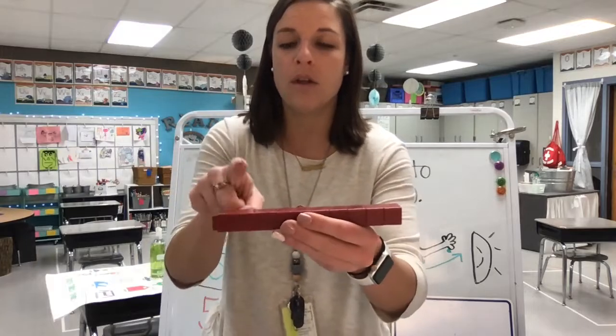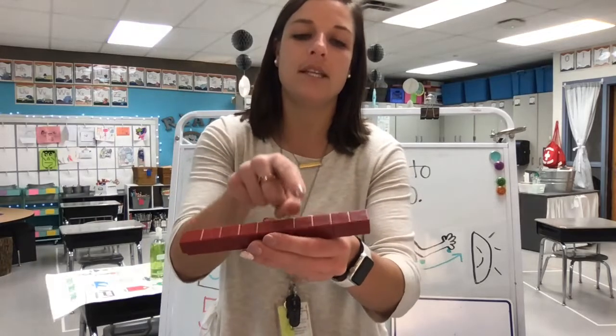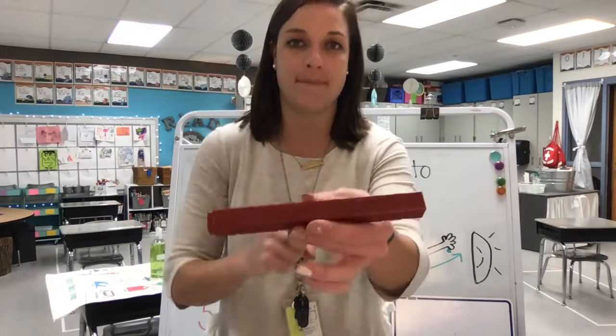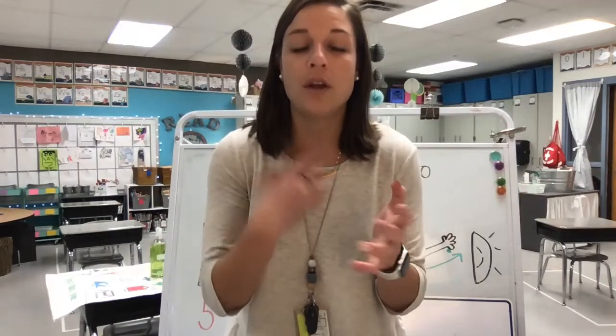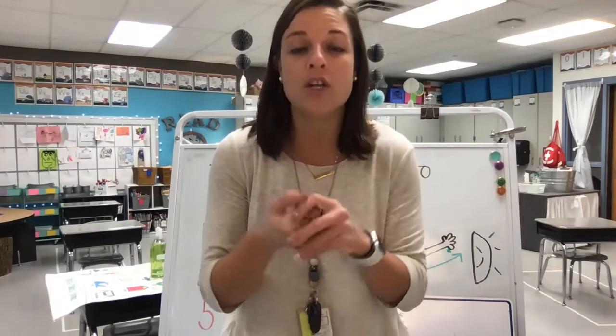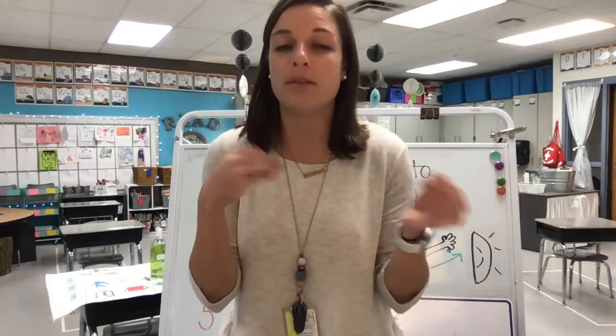Let's count. 1, 2, 3, 4, 5, 6, 7, 8, 9, 10. Okay? Great job. I know this is a lot of time spent looking at 2 different groups, but this is really getting our brains ready to understand numbers better and to know that numbers can be broken into different groups.